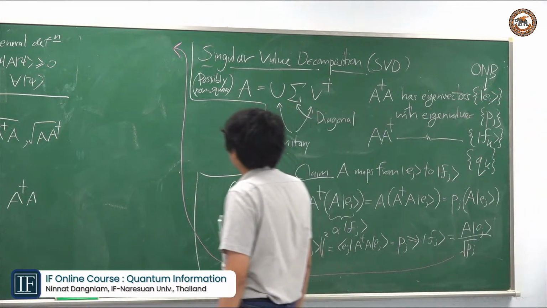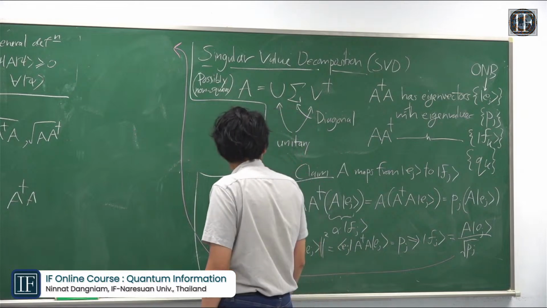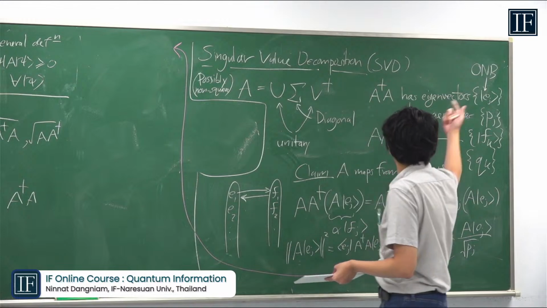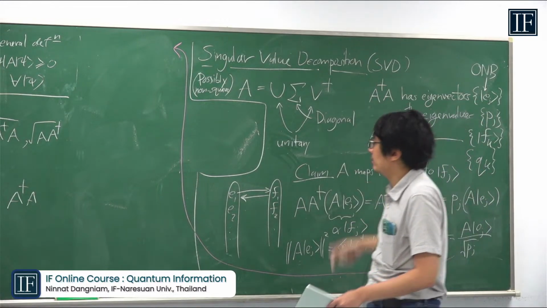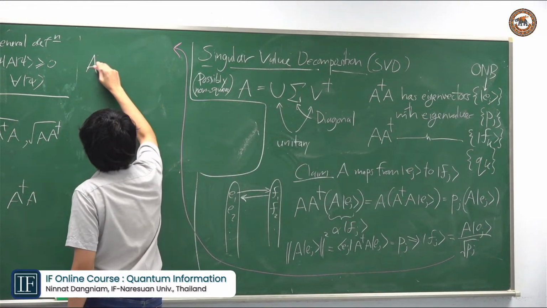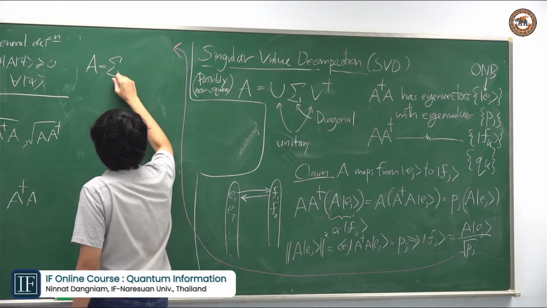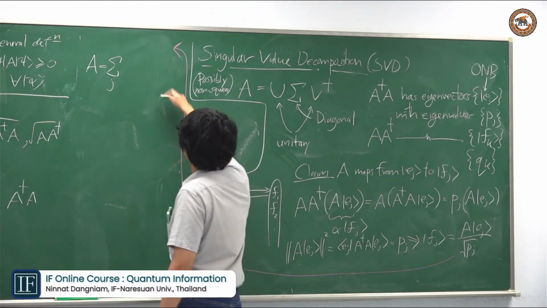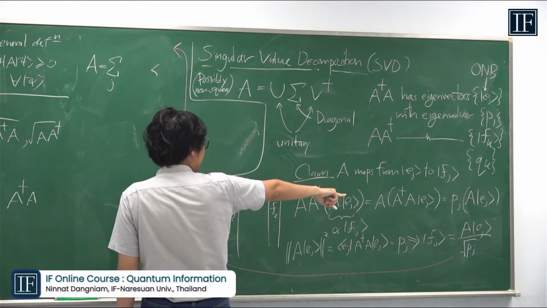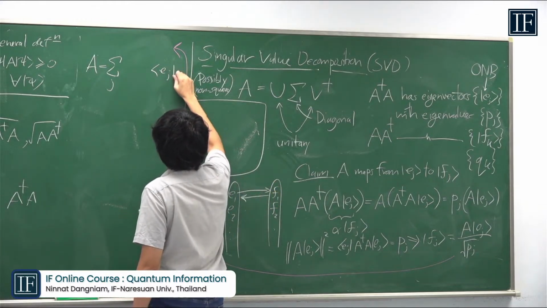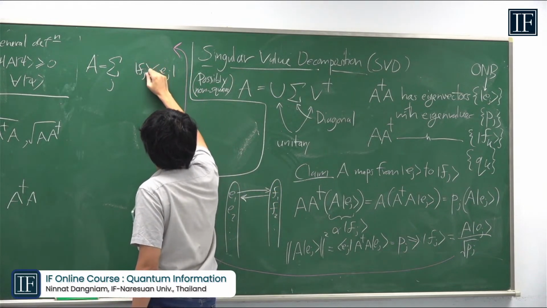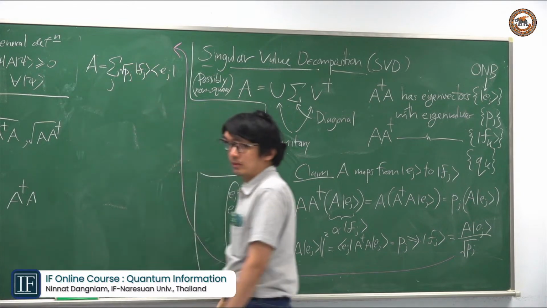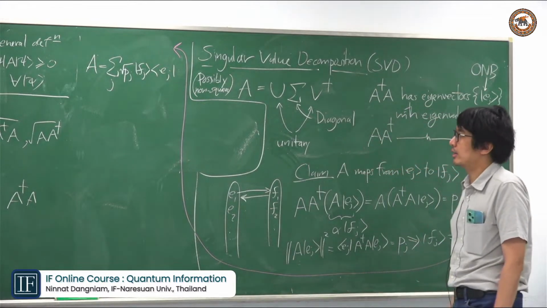So in particular, since we now know that A maps from one orthonormal basis to the other, we can write A in Dirac notation. It maps from E_j to F_j with this scaling constant.